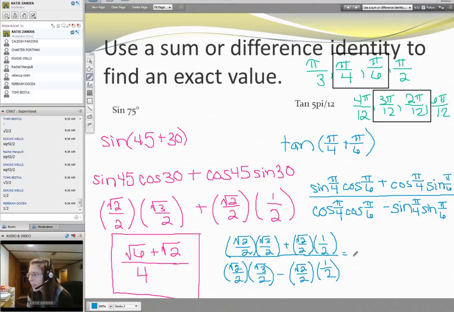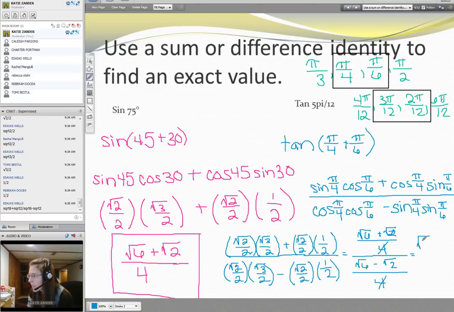In the numerator, I'm going to get a square root of 6 plus square root of 2 all over 4. And in the denominator, square root of 6 minus square root of 2 all over 4. The 4's will drop out, and you're left with the square root of 6 plus the square root of 2 over the square root of 6 minus the square root of 2.